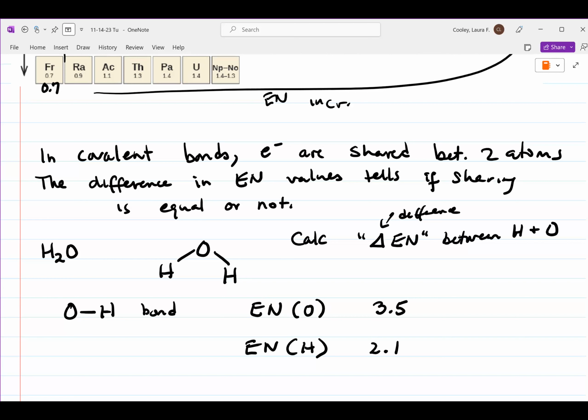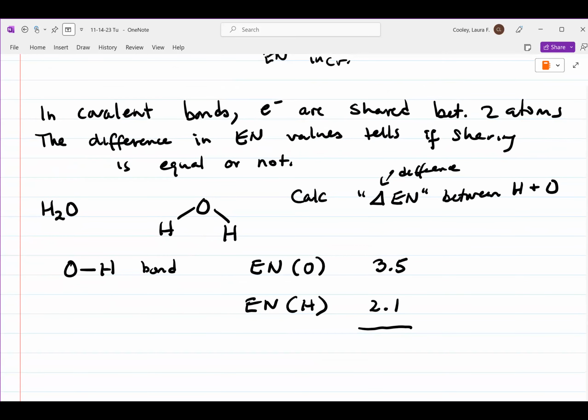But if you take the difference here, you're always going to subtract the smaller number from the larger number. We don't have plus and minus delta EN. So delta EN is just the larger minus the smaller, whatever order it's in. And it comes out to 1.4. And so now, what does it mean that you get this difference of 1.4?